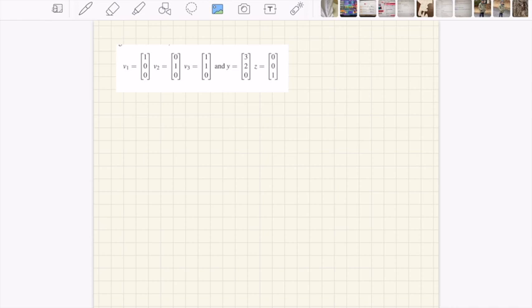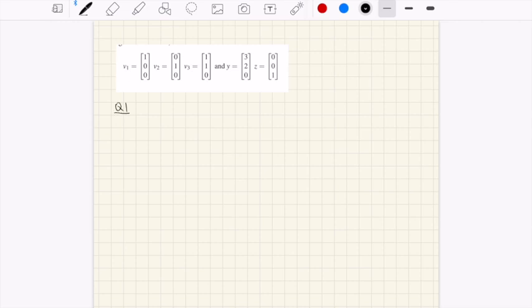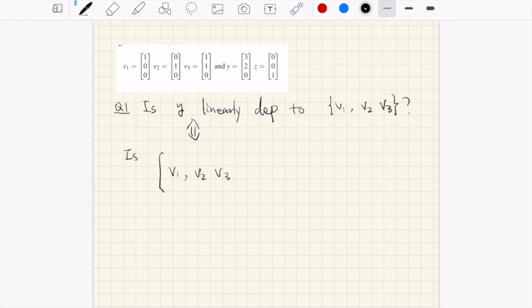I want to know if y is a linear combination of v1, v2, v3, and this means the question is the same as, is the augmented matrix with the v1, v2, v3 skill set, and after the line, you write the villain, consistent?